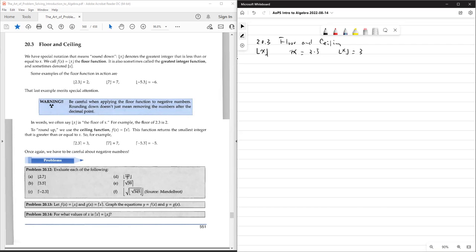So in the book it says the floor of 2.3. Normally when we round, we would round this as a 2.0, right? But when we round this, we round it up to 4.0. But when we have a floor function, it's only 3. Okay, so when it is an integer, it's itself.